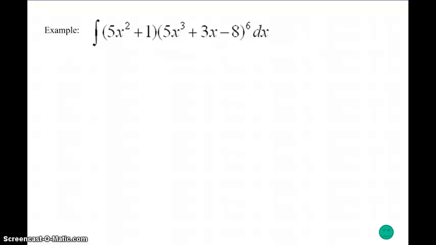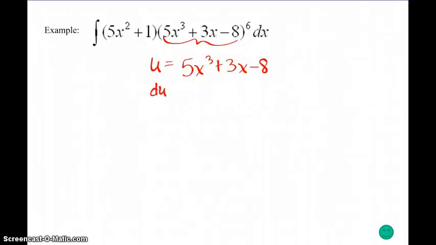So again, the first thing I want to do is choose u. U needs to be, most of the time, what's being operated on. So I can tell 5x cubed plus 3x minus 8 is what's being operated on. Now I'm going to completely ignore what's going on in the integrand, and I'm going to find the derivative of u with respect to x.